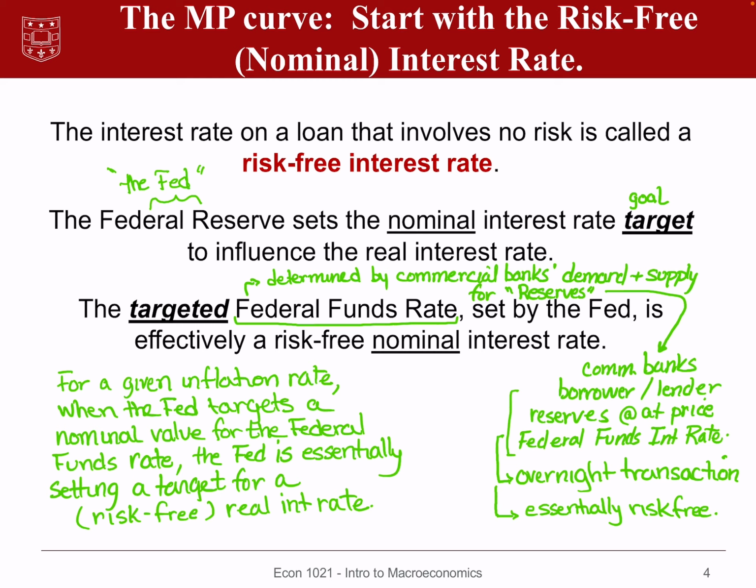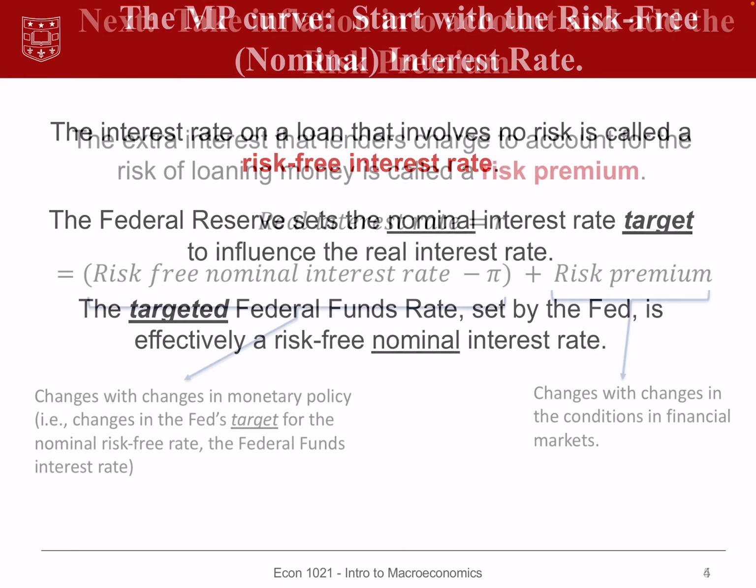So we need to somehow map a monetary policy into that same picture, and this is the framework that we have. So the Fed sets a target for a nominal Fed funds interest rate, and effectively that is the same thing as targeting a real interest rate.